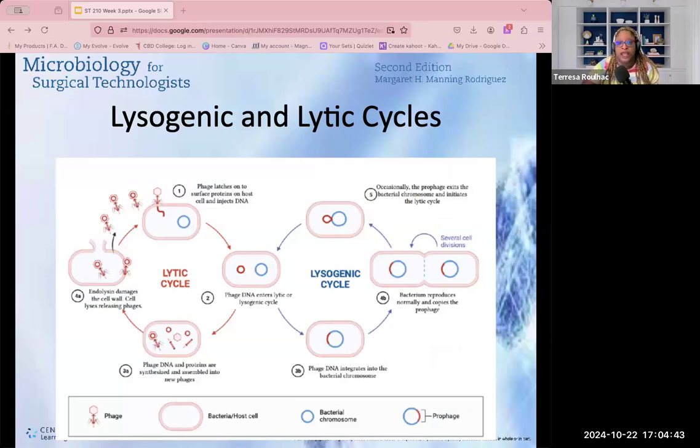This occurs when a virus hides its genetic material inside a host cell and then it just stays inactive, or we call it latent. As the host cell divides and creates new cells, each new cell receives a copy of that viral genetic material.